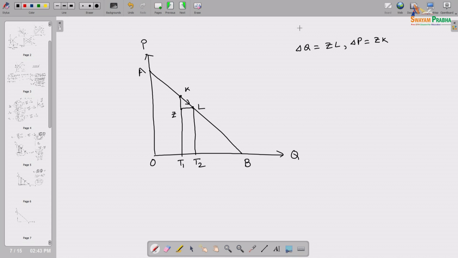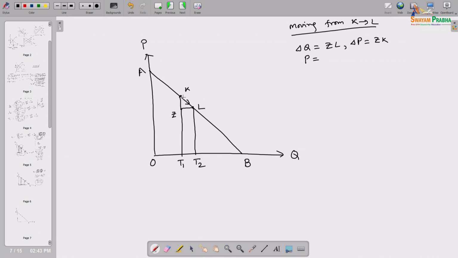So moving from K to L along the demand curve, given demand curve AB, delta Q is distance ZL, delta P is distance ZK, and since we are starting from K point and landing at L point.